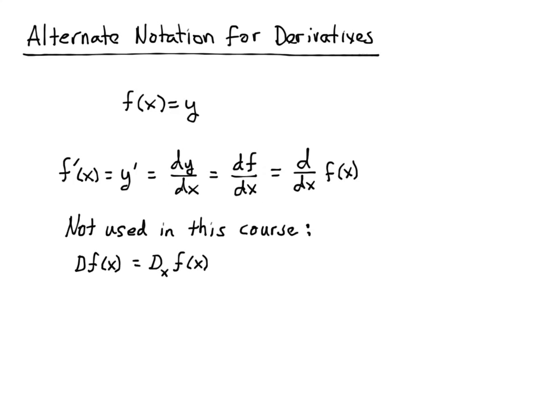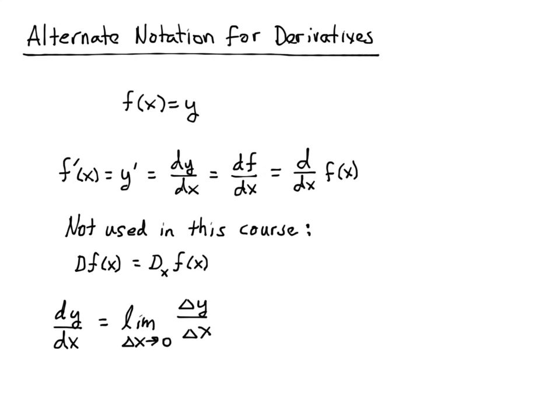We're not going to do it in this course, but you're going to see it sooner or later, that this differential operator, capital D, is exactly the same thing as this differential operator d over dx. So we're not going to use it in this course. Don't really worry about it too much, but once you see it, recognize that it's just a different way to write the same thing.